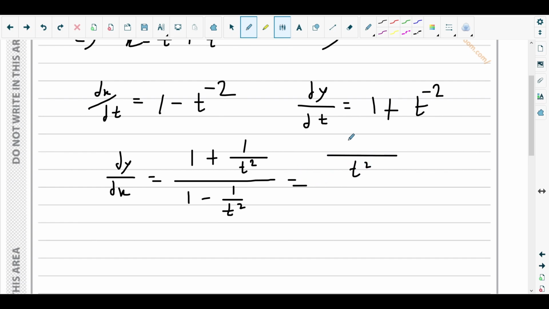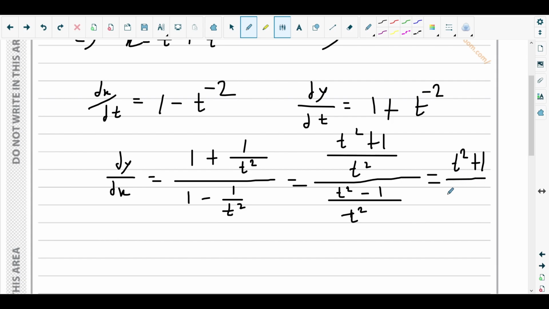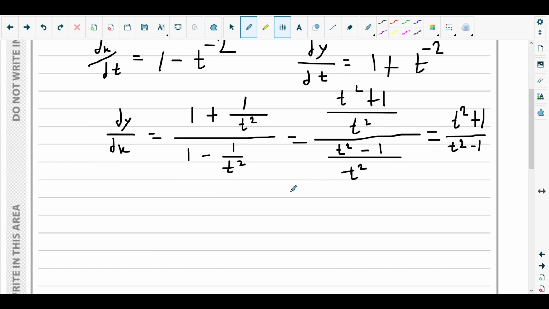So you get t squared plus 1 at the numerator, and at the denominator t squared minus 1, with t squared cancelling out. So you get t squared plus 1 over t squared minus 1. That's it. We got the derivative in terms of t.